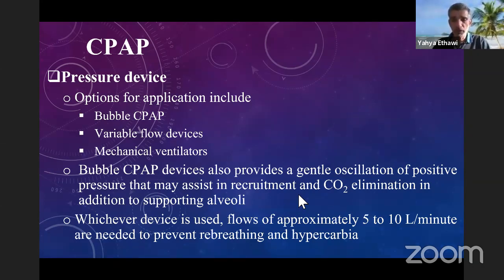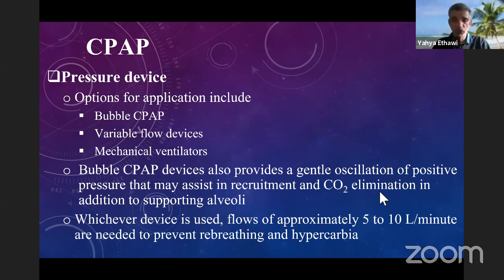However, whichever device you use, you have 2 options. Either start from low and go up, or start from high and go down. I like to start high and go down, while in TTN, I use low and go up. And the reason, as I told you, is that the risk of air leak is way higher. And also I use something called dynamic CPAP.